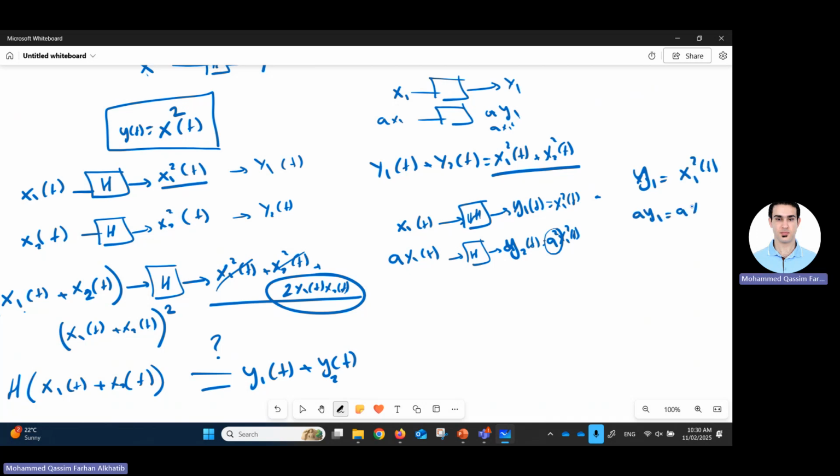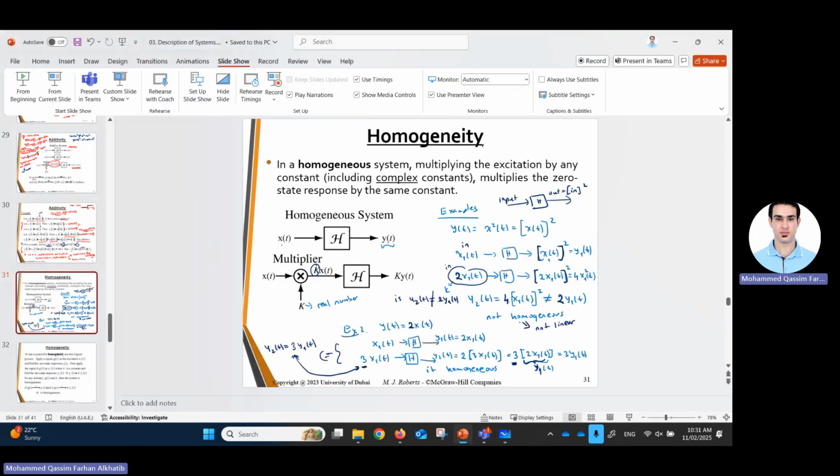But I'm getting a squared x1 squared. So I have this one squared and this one just a. So it's not even homogeneous, because of the square property. So in this case, it's not additive, and it's not multiplicative, or scaled. So in this case, not homogeneous and not linear.